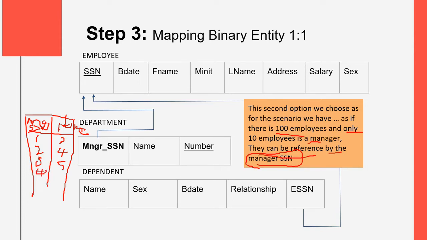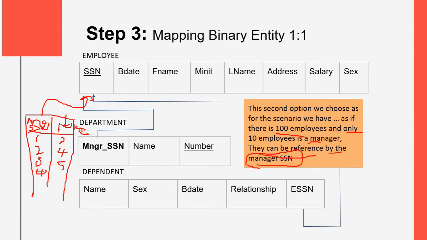Okay, so how do we refer to which employee this is? This is the foreign key which refers to the SSN as the primary key. So from here we can see the details of the corresponding employee by looking at the other attributes such as name, address, and the other related attributes.